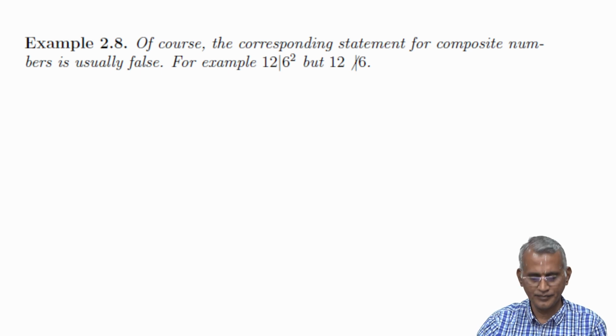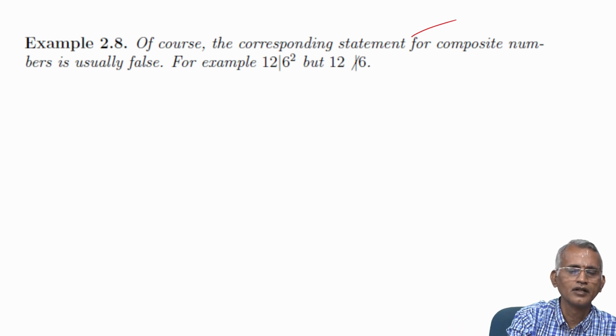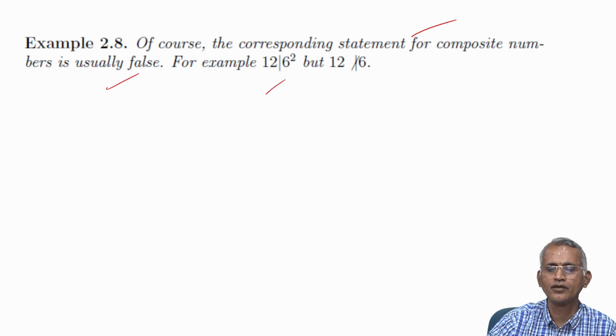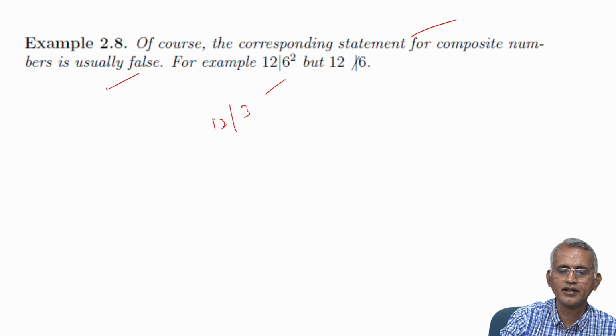Next, example 2.8: of course, the corresponding statement for composite numbers is usually false. For example, 12 divides 6 square, that is 36, but 12 does not divide 6.